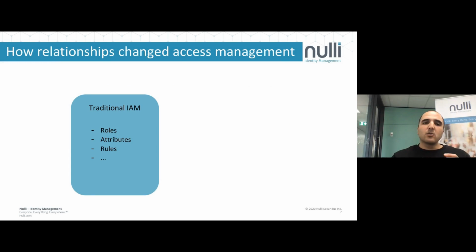Now let's see how relationships change access management, and let's talk more about the role of relationships in identity and access management. In a traditional identity and access management platform, sometimes you deal with roles. For example, you define a role for an employee, and that role could be something like finance manager, which means that employee can probably access some finance documents.